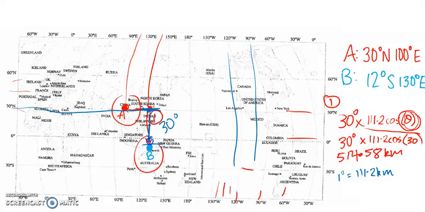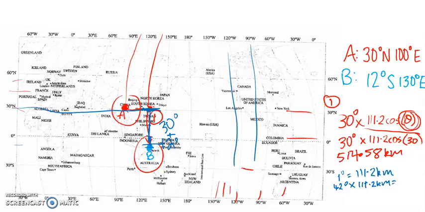Plus, to get from the equator to B, which is at 12 degrees south, you've got 12 degrees. 30 degrees plus 12 degrees, you need to travel 42 degrees. Each degree equals 111.2, so we've got 42 lots of 111.2 kilometres.